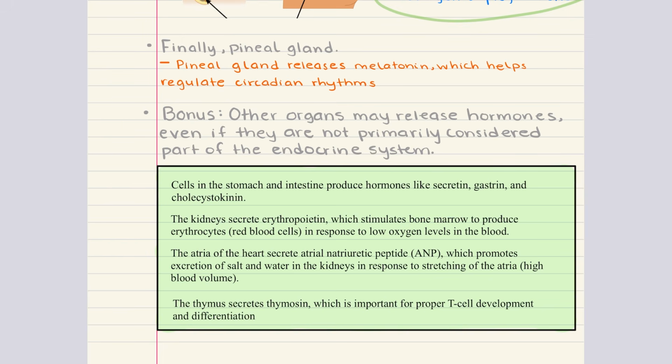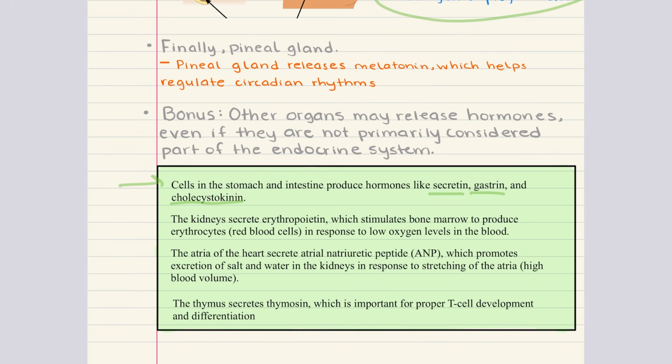The stomach and intestines produce several important hormones. Gastrin stimulates the release of gastric acid to aid digestion. Secretin helps regulate pH in the small intestine by stimulating bicarbonate release from the pancreas. And CCK stimulates bile release from the gallbladder and digestive enzyme secretion from the pancreas.